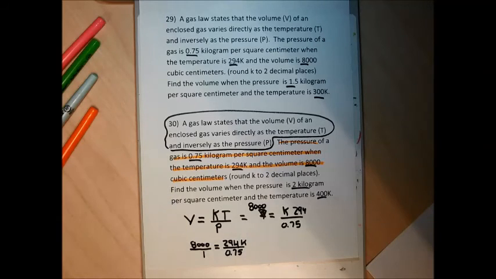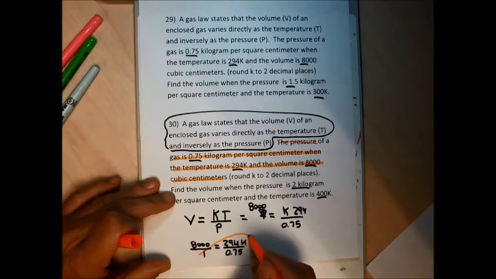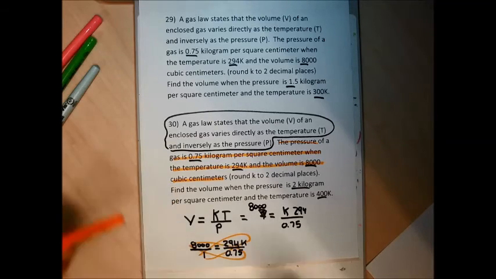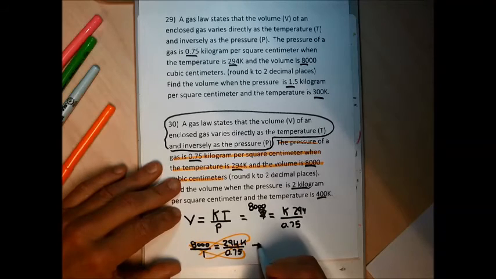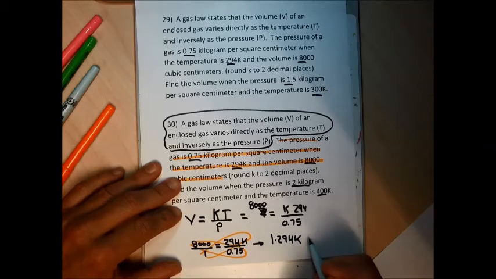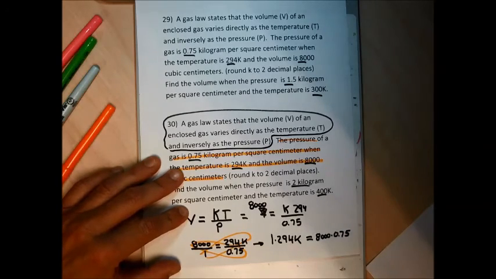So it's inversely in there, so I'm going to solve by cross multiplying. I'm going to cross multiply up and cross multiply down. When I cross multiply up, I get 1 times 294K. When I cross multiply down, I get 8,000 times 0.75. I probably should yank out another sheet of paper for this.